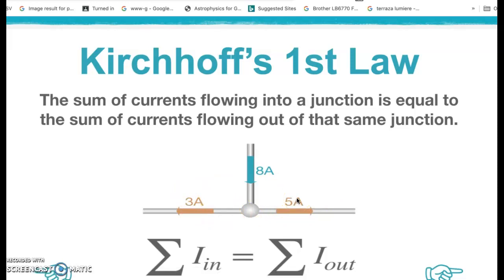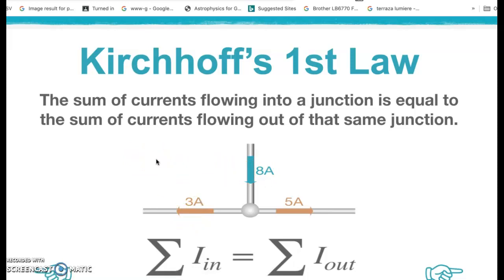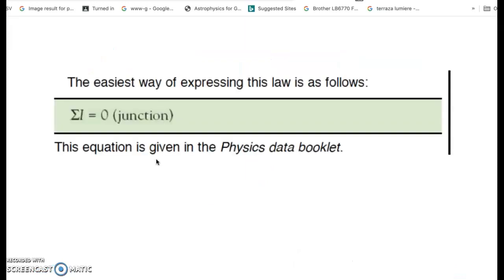Now we can write that mathematically using summation. Here we can see summation of current in equals the summation of the current out. Now, this is written differently in the data booklet. What it says in the data booklet is that at a junction, the total sum of all the currents is equal to 0.